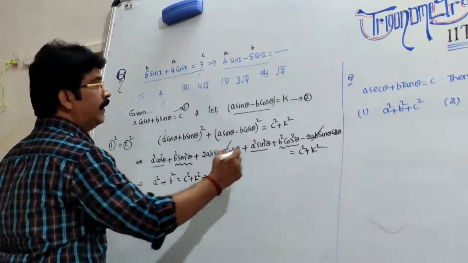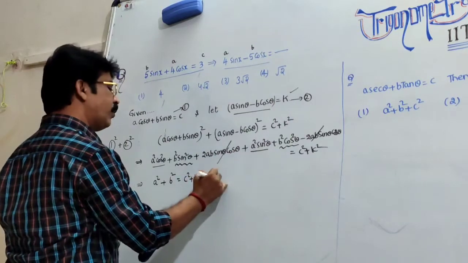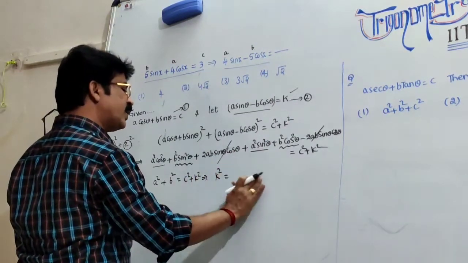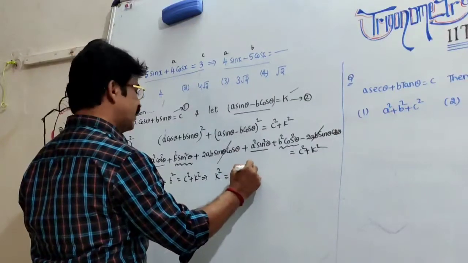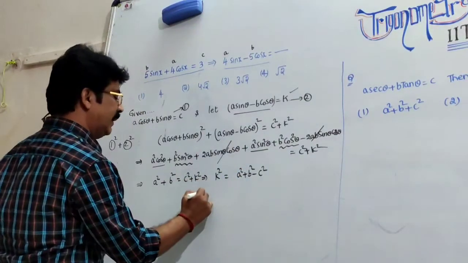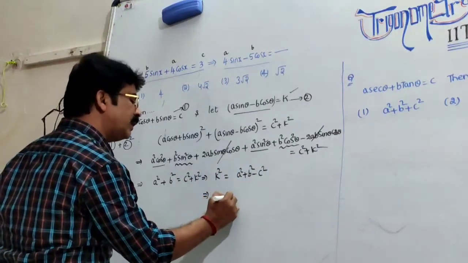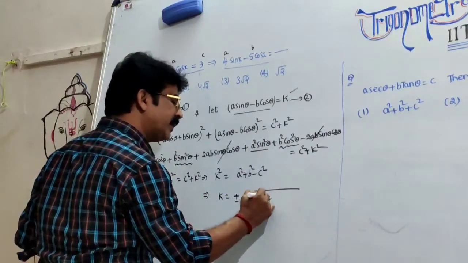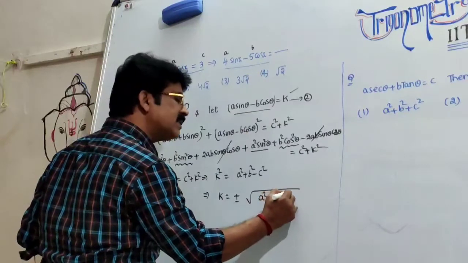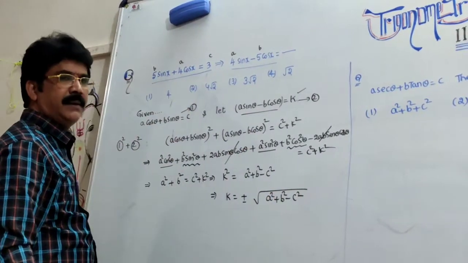Therefore, we want the k value. So from this equation, k square is equal to a square plus b square minus c square. So that implies k equals plus or minus root of a square plus b square minus c square.